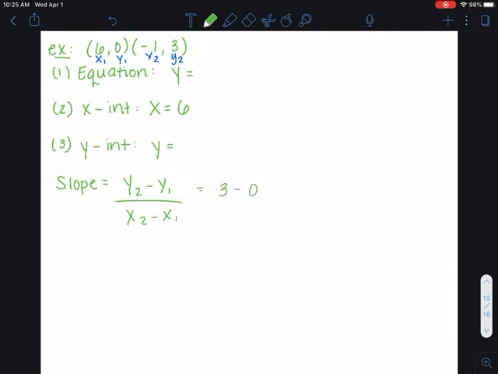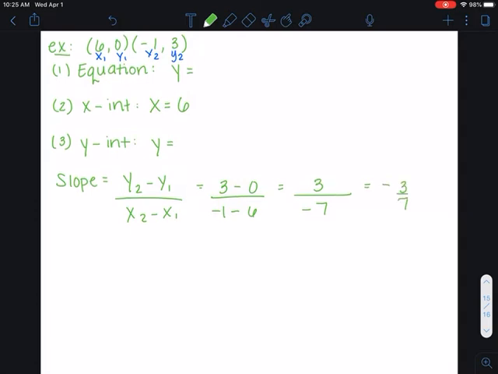So we have 3 minus 0 over negative 1 minus 6. So we're going to have 3 minus 0 is 3. Negative 1 minus 6 is not negative 5. It is negative 7. You're going to get more negative. Alright, so our slope is going to be negative 3 over 7.